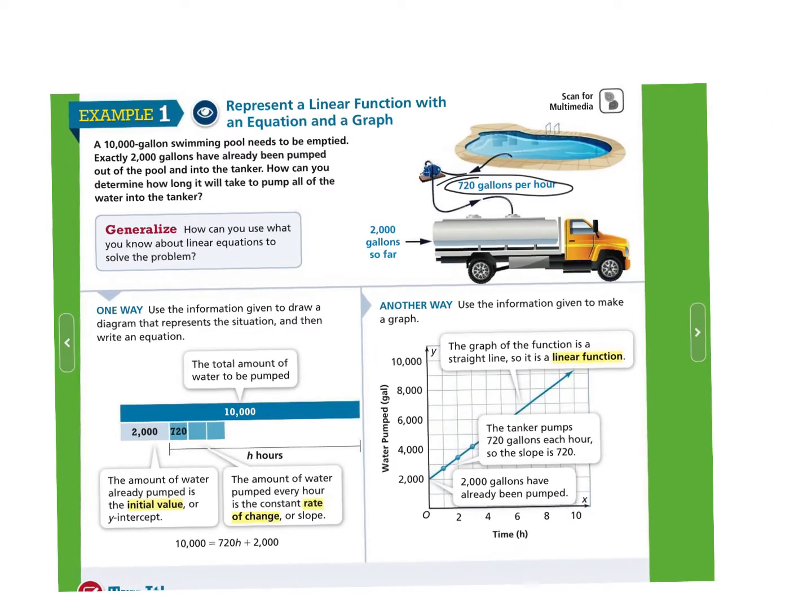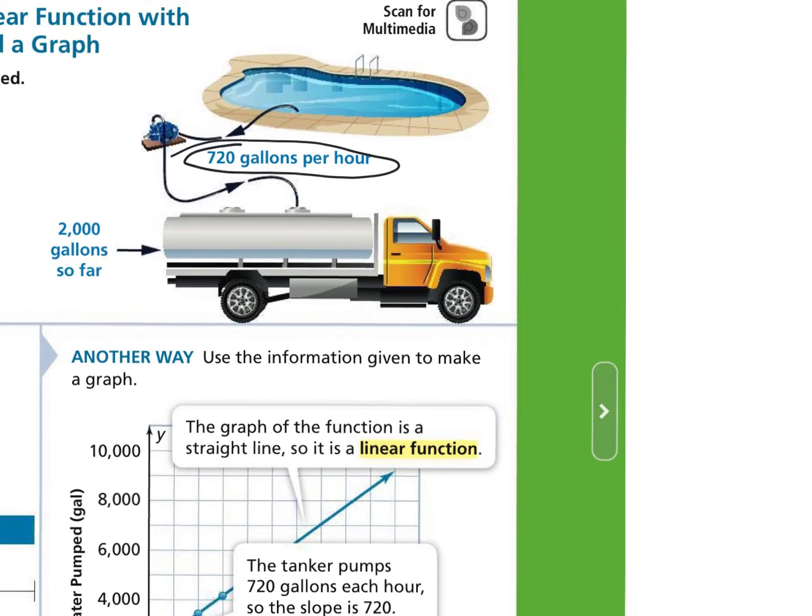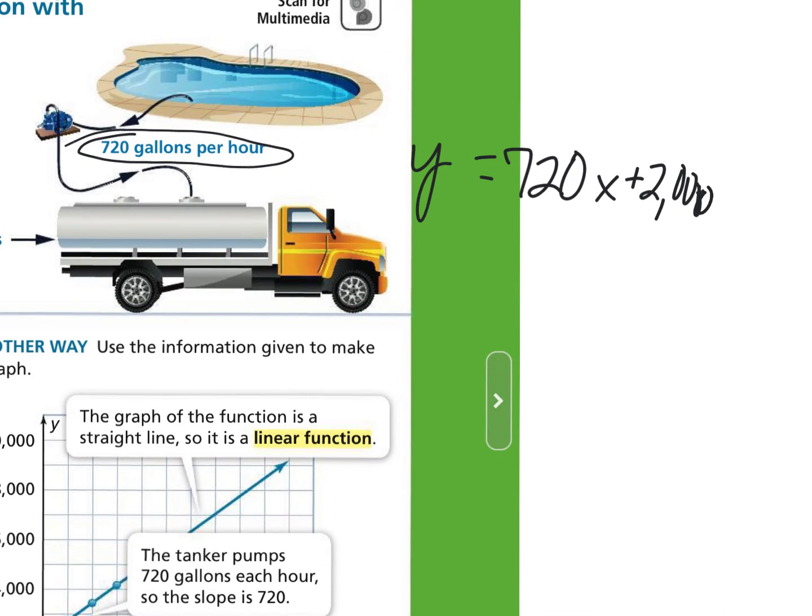If we're doing our normal y and x, y would be the amount that's pumped into this tanker. So y is equal to 720 times x, if x is the number of hours, plus 2,000. The 2,000 gallons have already been pumped.